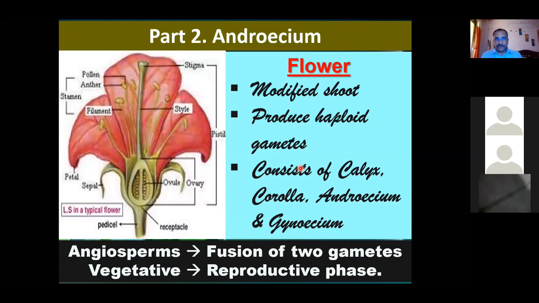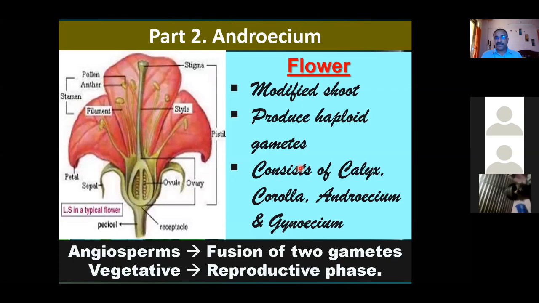Now, what I want to tell you is that in all lower plants, like algae, fungi, even bryophytes, the dominant generation is always gametophytic. But when you come to angiosperms, the plant you see in your surroundings is the dominant one, and this is always a sporophyte. A sporophyte is diploid, its genetic constitution is diploid.